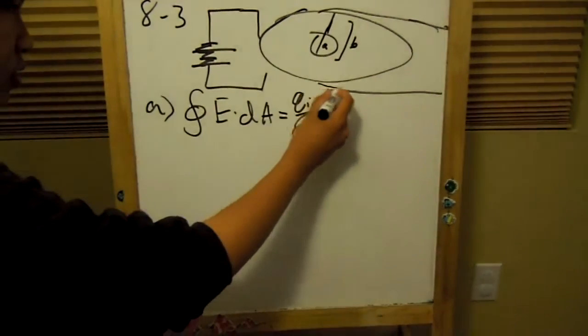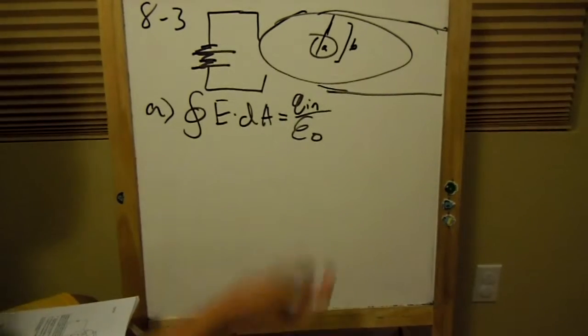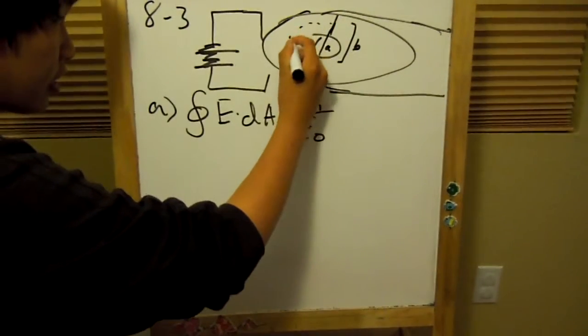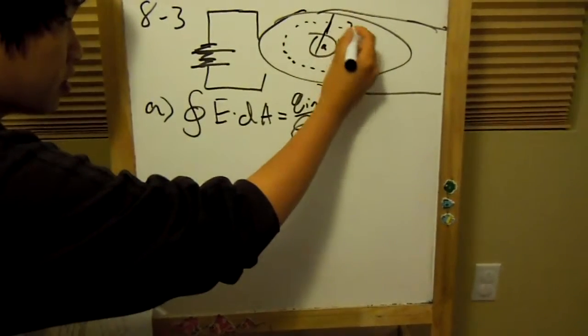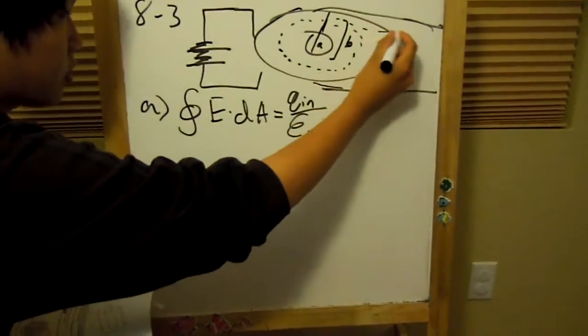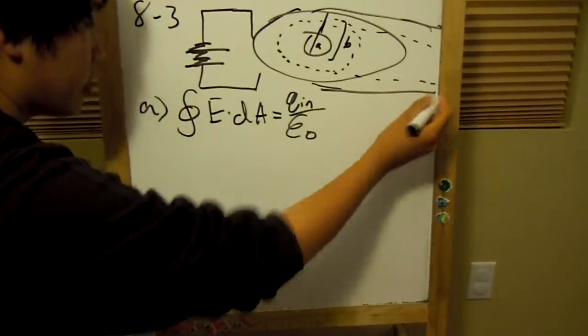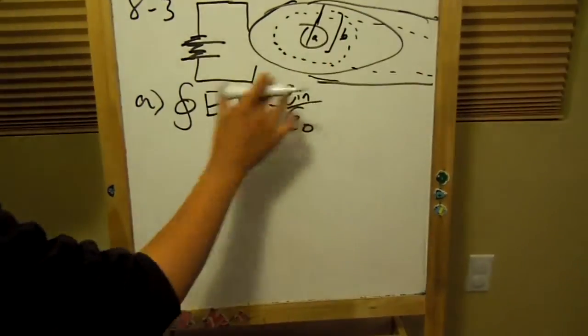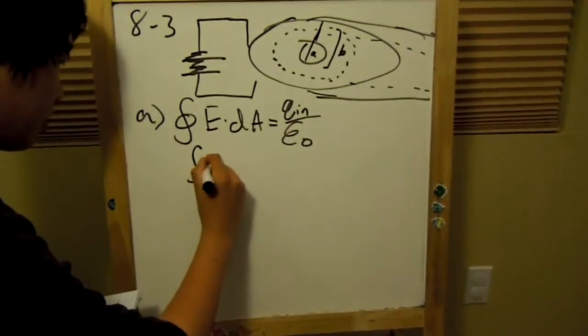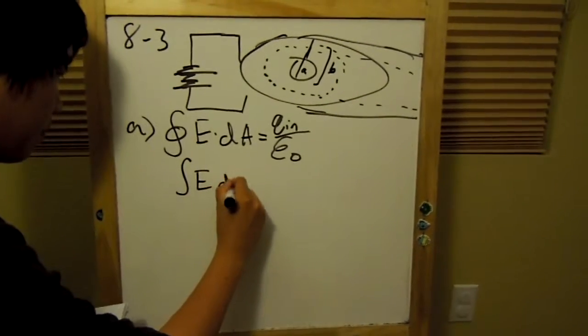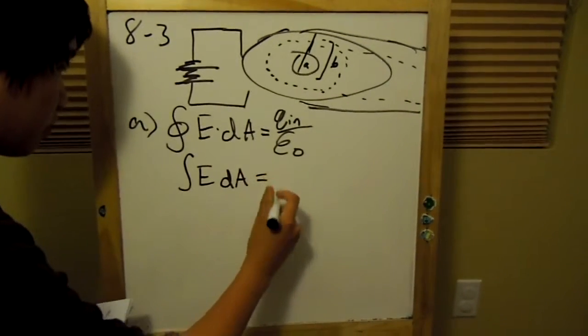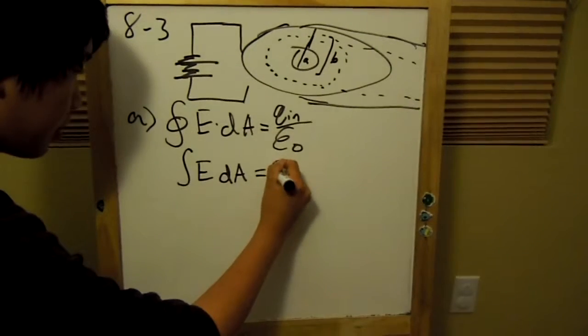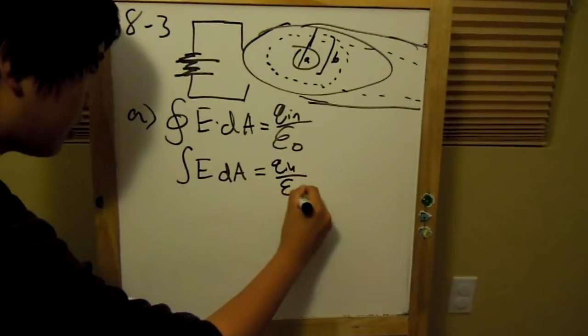The Gaussian surface we're going to draw is a cylinder. Once we've drawn the cylinder, we can simplify a little bit: the integral of E dot dA equals Q enclosed over epsilon naught.